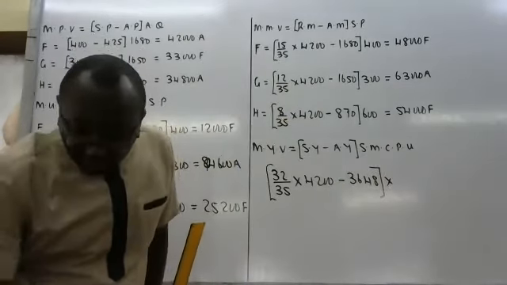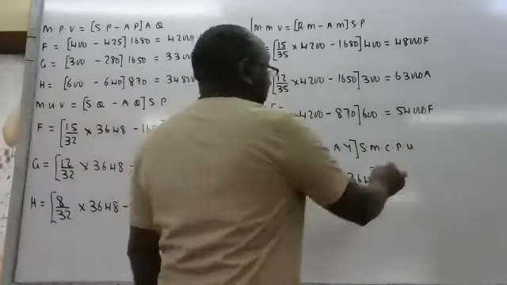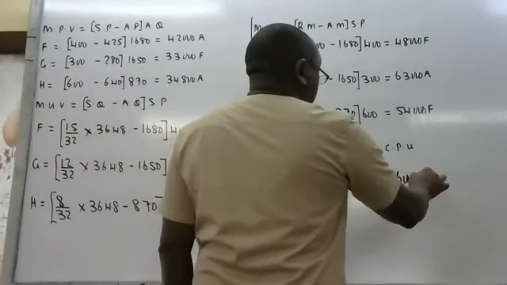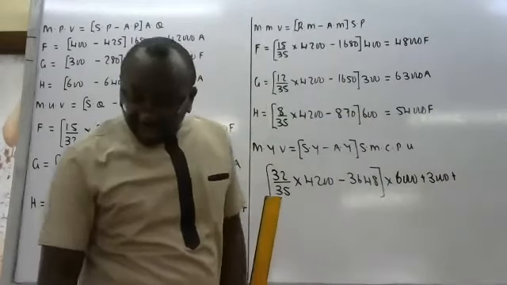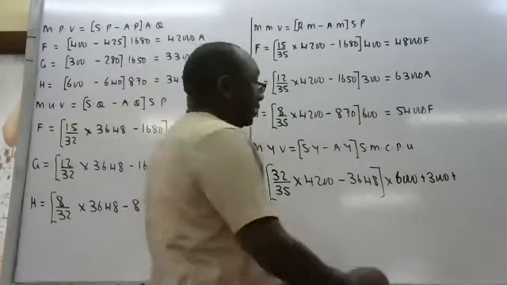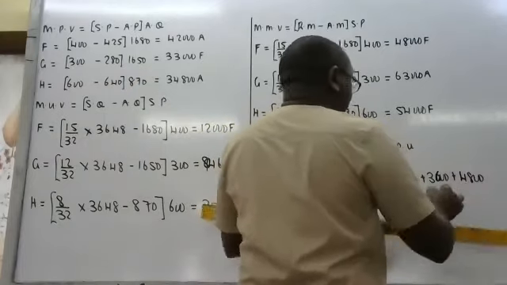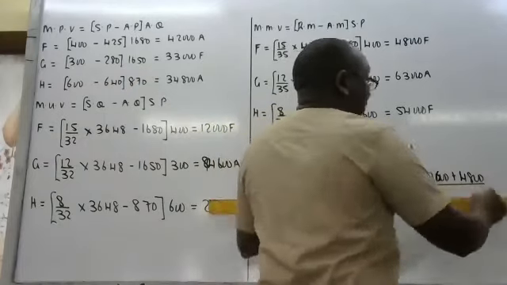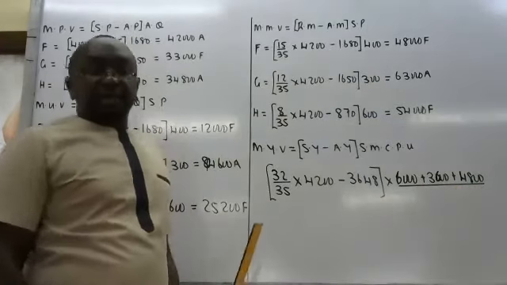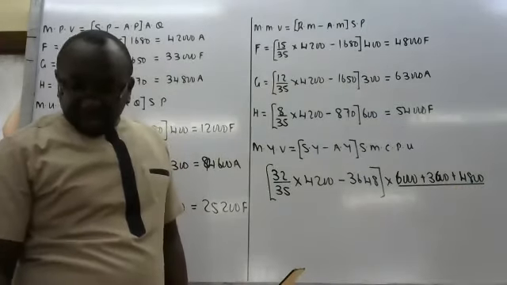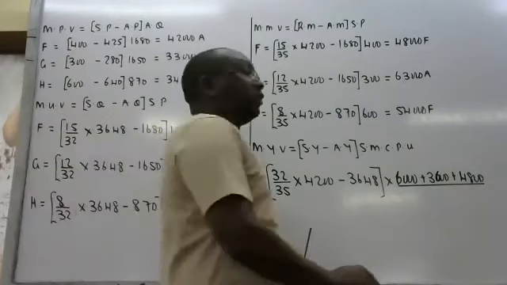If you go to the standard card, you can see the 6,000 plus the 3,000 plus the 600 plus 4,800. Can you see those figures in the standard card? Now that is the total cost of the input as per the standard. And this one was to give us that 2 units.